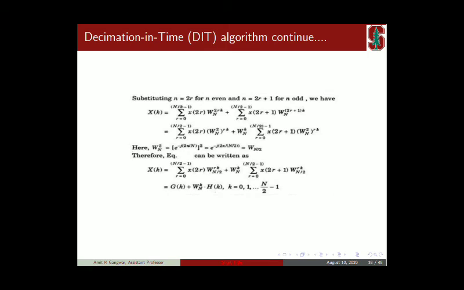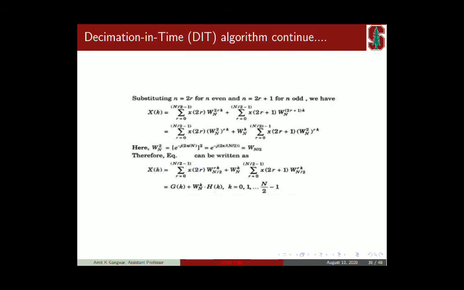Here W_N to the power 2, you know W is equal to e to the power minus j 2 pi by N. When we square the whole bracket, it becomes e to the power minus j 2 pi N by divided by 2.